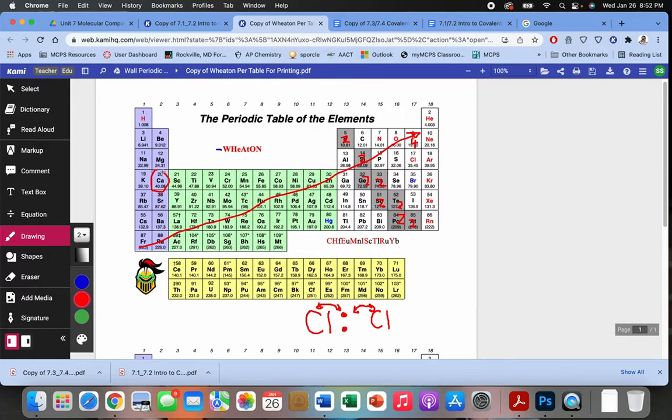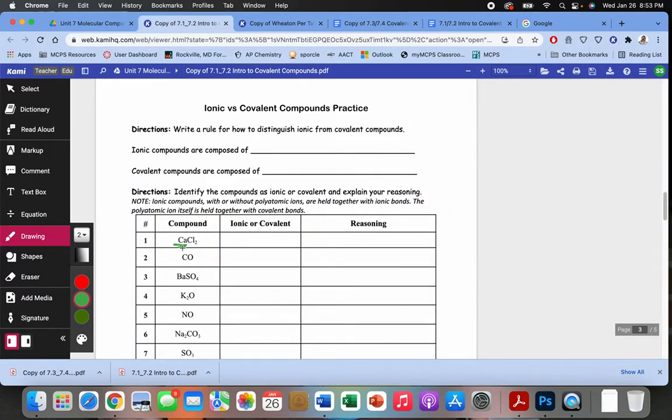And so calcium is definitely a metal. Right? Calcium is, in fact, a metal. And chloride, right, is over here. It is definitely a nonmetal. Okay, so when we look back at this, calcium chloride has a metal and a nonmetal, and so this is definitely ionic. Okay, so we can put an I there for ionic.